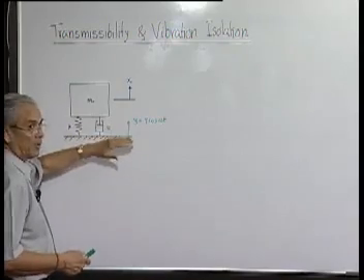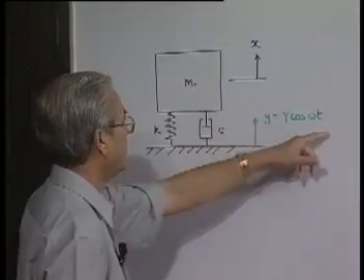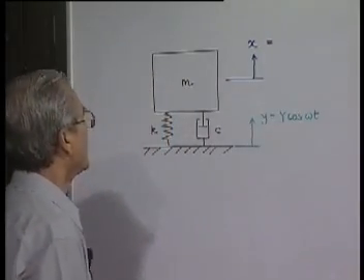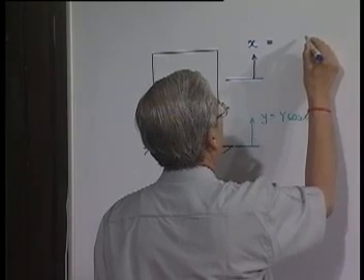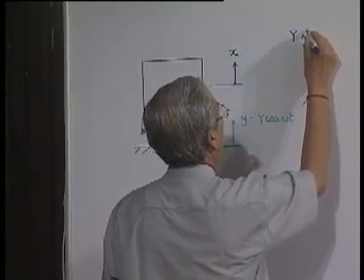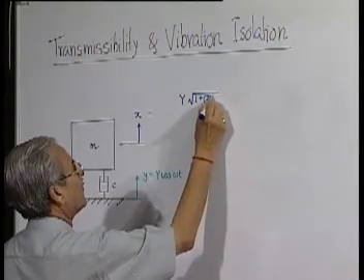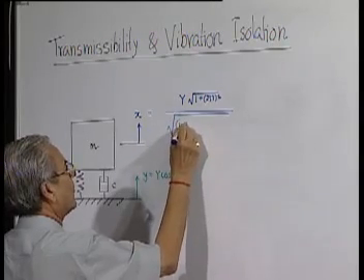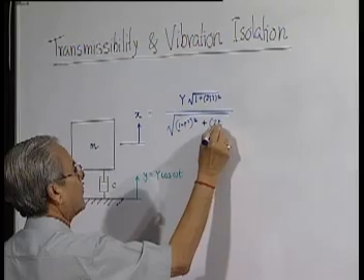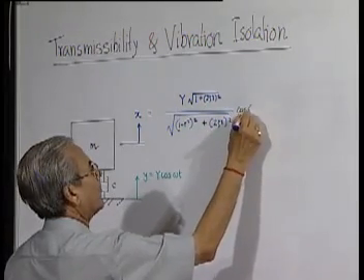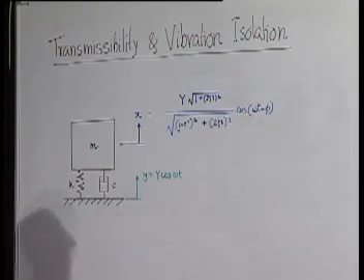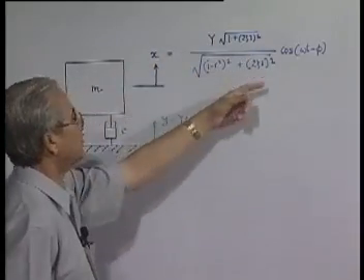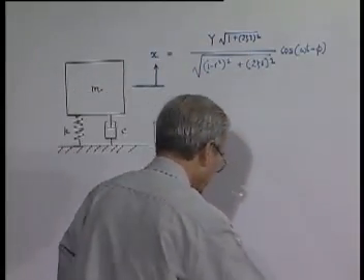Now in this case, we have already solved the problem that when the ground has a motion like y cosine omega t, then x is given by an expression which also oscillates with a certain magnitude. So we define transmissibility by this quantity.